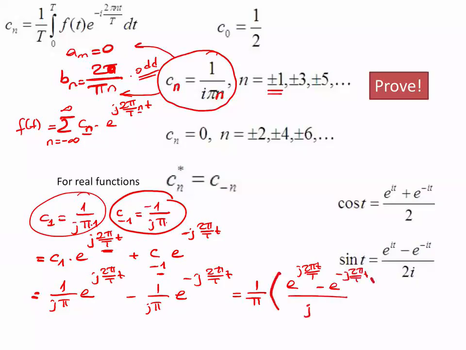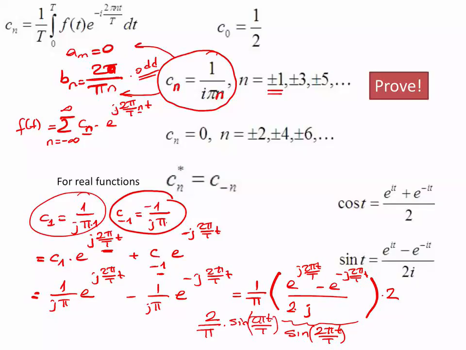Right? So what is this, arkadaşlar? If I multiply by 2 here and 2 here, this will be Euler's equation for sine. This will be sine 2 pi t over T. So finally I would get 2 over pi times sine 2 pi t over T.